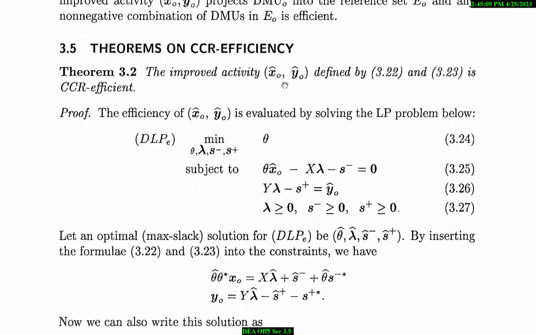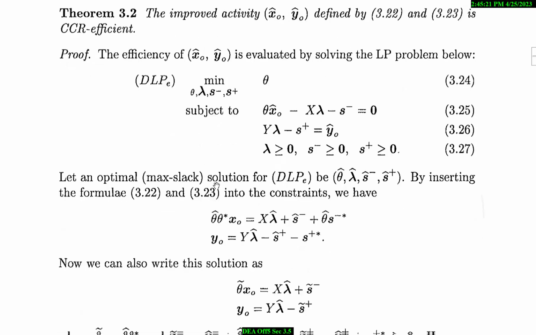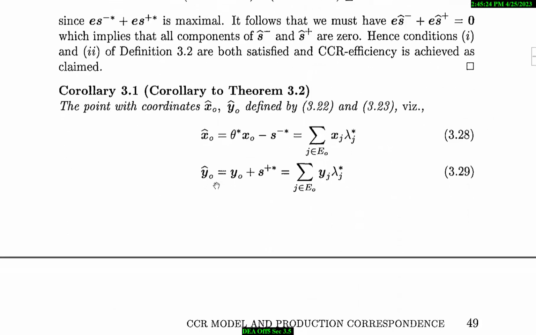It was proved that the improved activity, or the CCR projection, is CCR efficient. Now we prove corollary 3.1, which says the point with coordinates x hat O and y hat O defined previously is efficient.